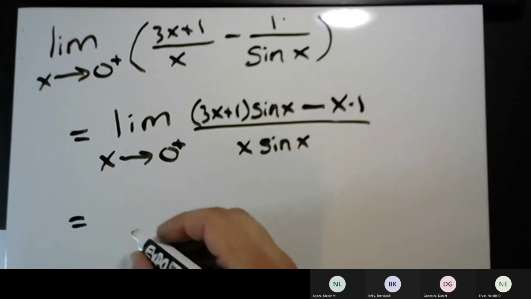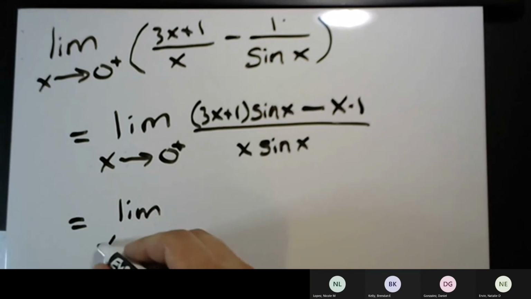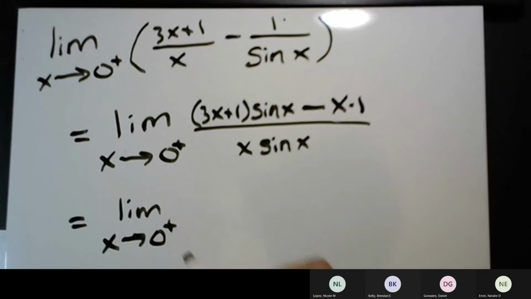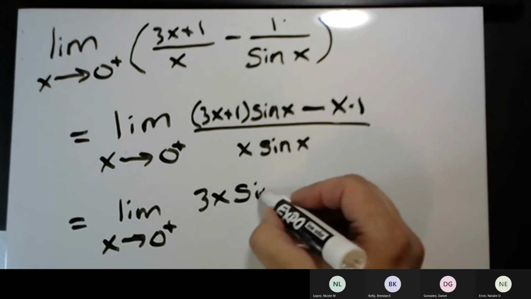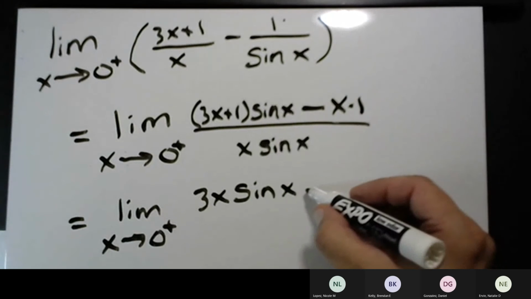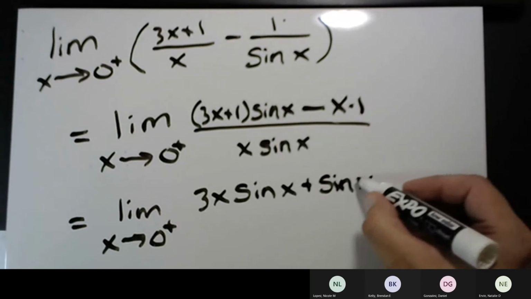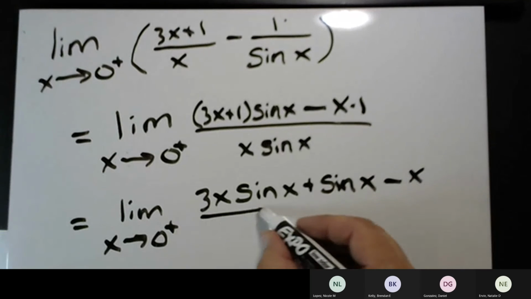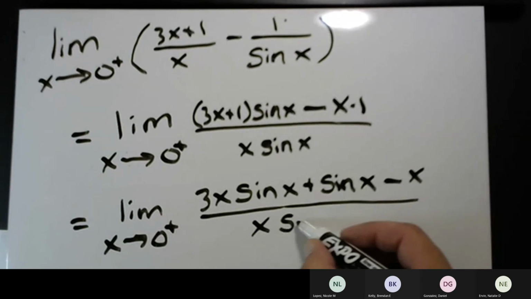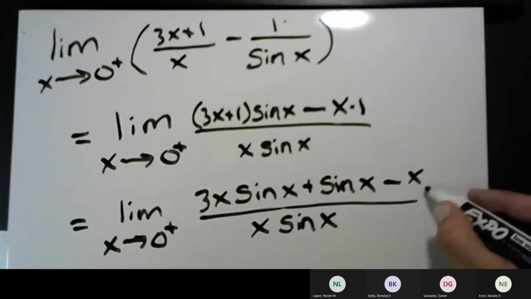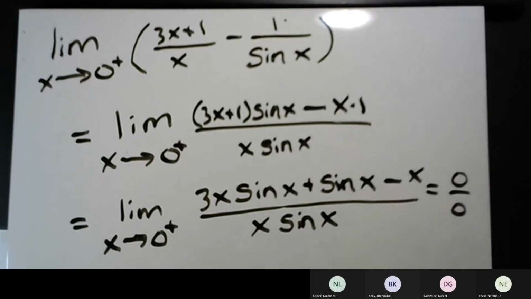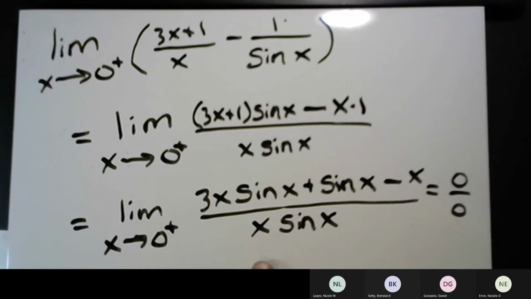So what this will give us is the limit as x goes to 0 plus, from the right, of 3x sine x plus sine x minus x over x sine x. And if you substitute 0 for the x's here, you're going to get 0 over 0. So now that this has been made into this, we can use L'Hopital's rule.